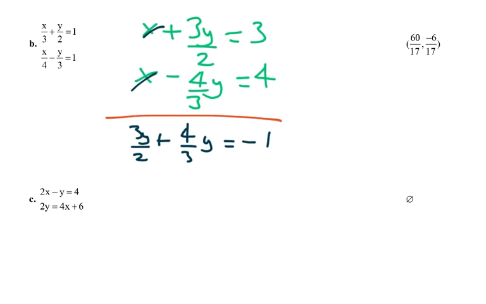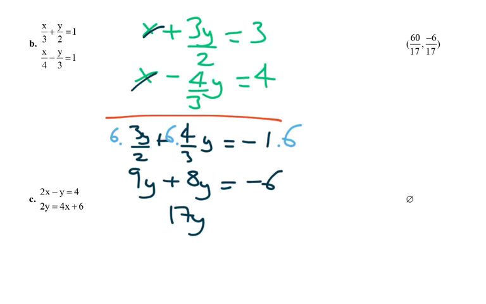And now if I want to simplify this, I can multiply everything by 6. And what do we end up with? 9y plus 8y is equal to negative 6. And so we get 17y is equal to negative 6. Y equals negative 6 over 17.